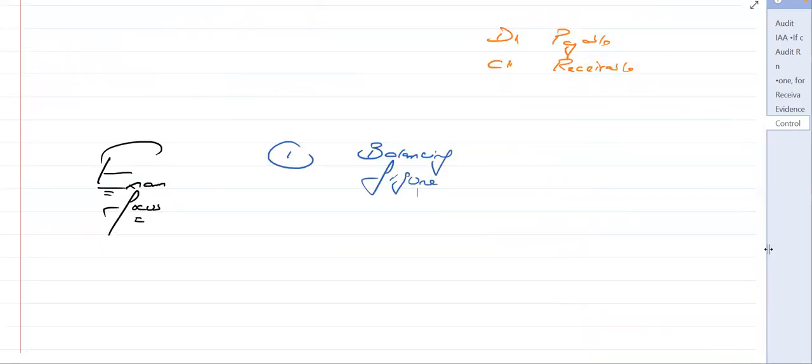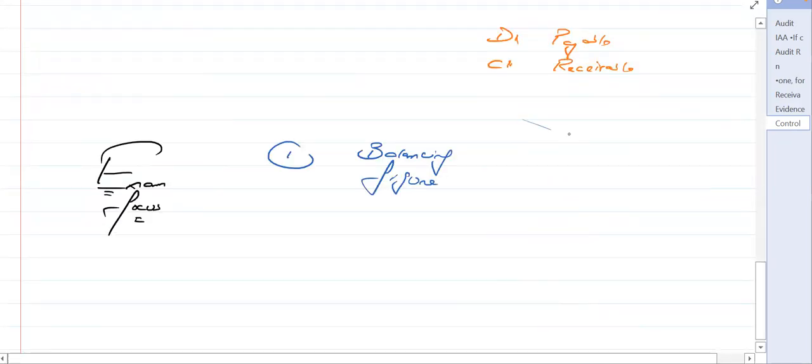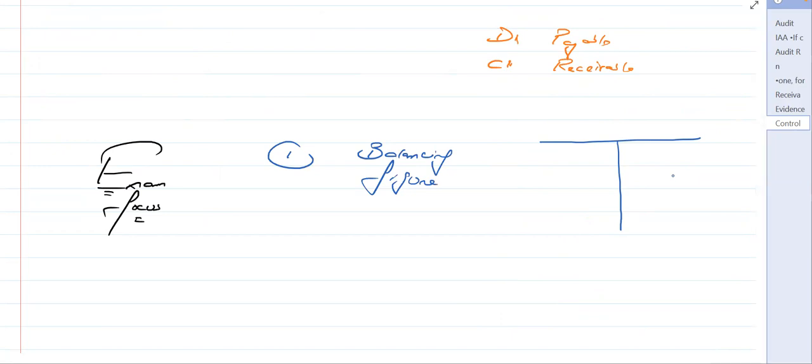When you have this balancing figure requirement within an exam question, you just need to make a T account. You already know the format of it. Make the T account, the first step. Then put all the data being given relevant to the particular ledger, because you may have data which is not relevant to the ledger.